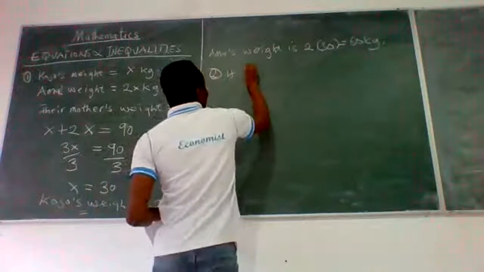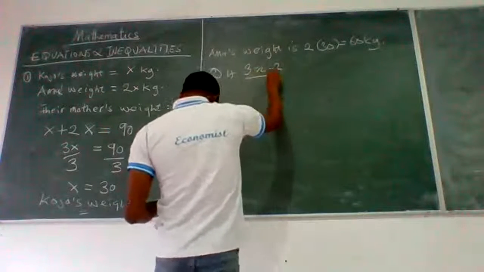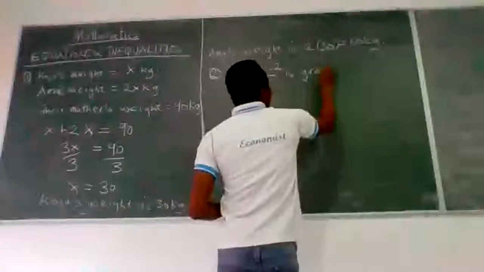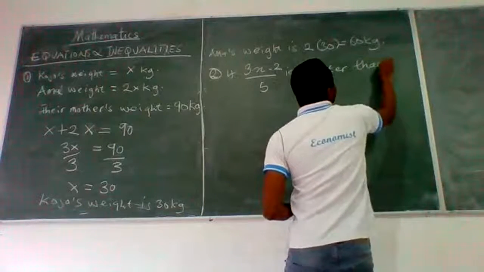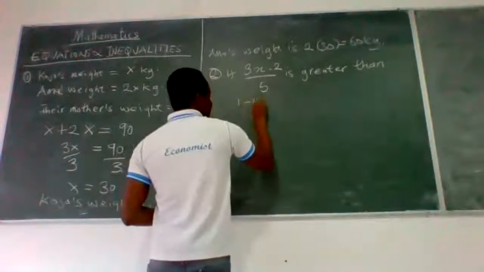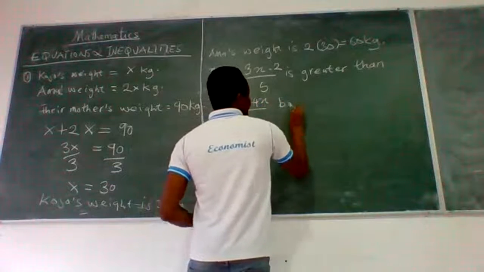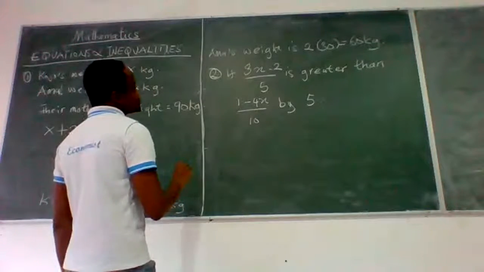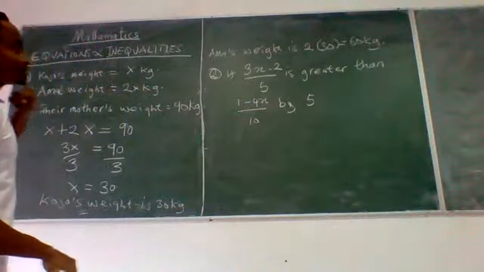If (3x minus 2) divided by 5 is greater than this quantity, (1 minus 4x) divided by 10, this is another example that I would like to solve.